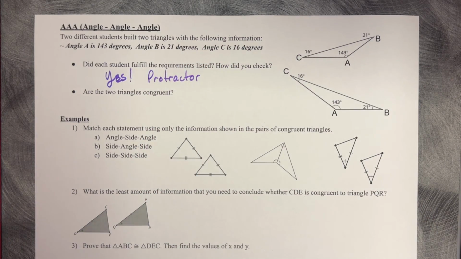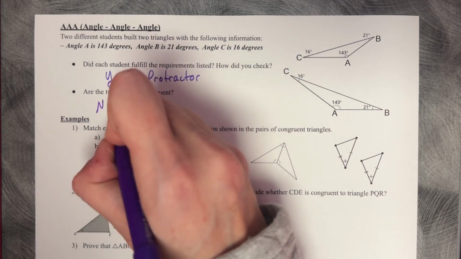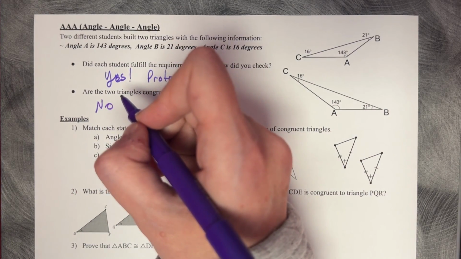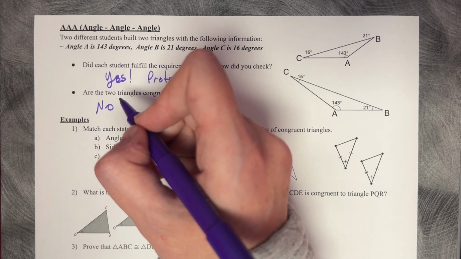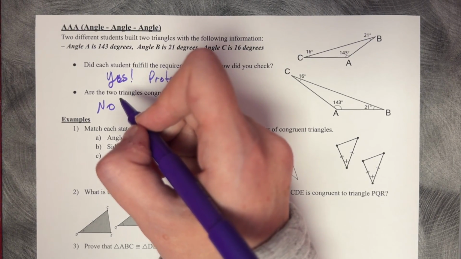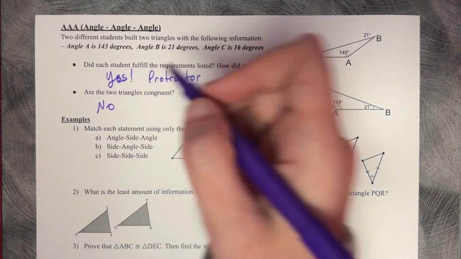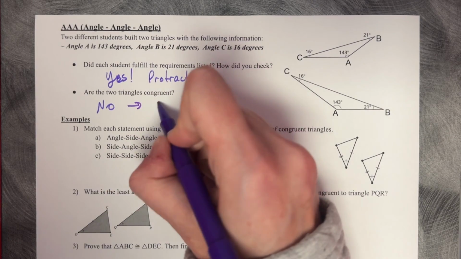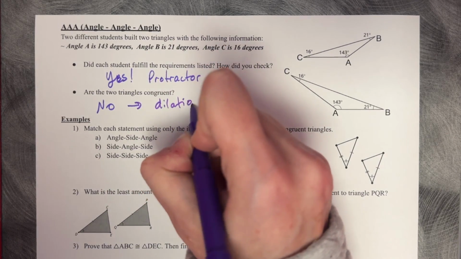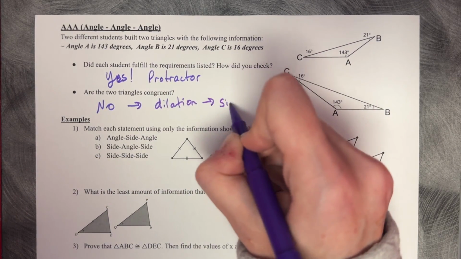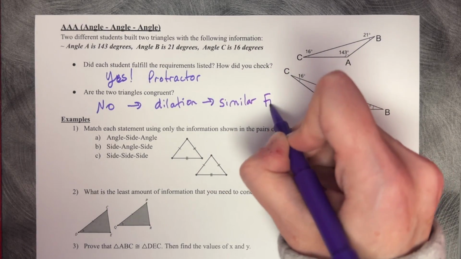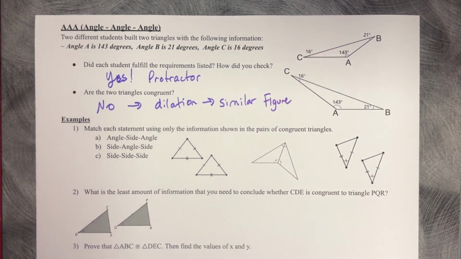But are the 2 triangles congruent? No, they're not congruent to each other. What's happening between these 2 triangles is that it produces not congruent figures, but similar figures. It's a dilation or a similar figure between the 2 triangles.